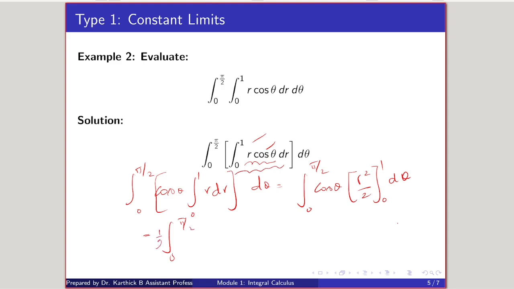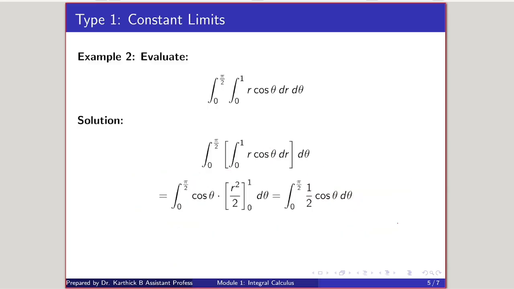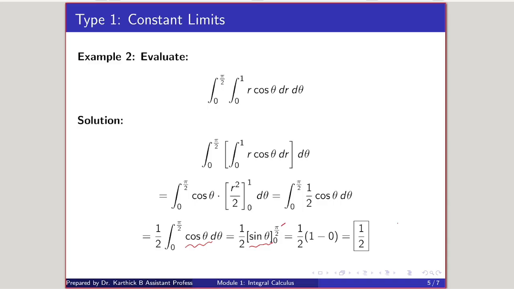1 by 2 will be a constant. So here cos theta is there, and of course d theta. So we have 1 by 2 integral 0 to pi by 2 cos theta d theta. Now we have to evaluate this outer integral. The integration of cos theta is sine theta, and we may make a substitution.